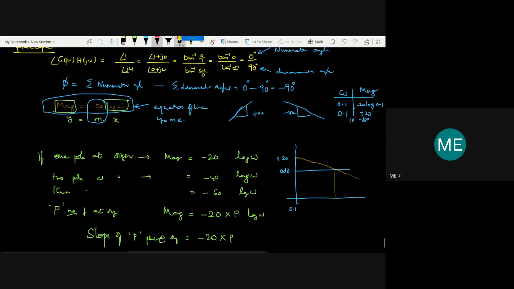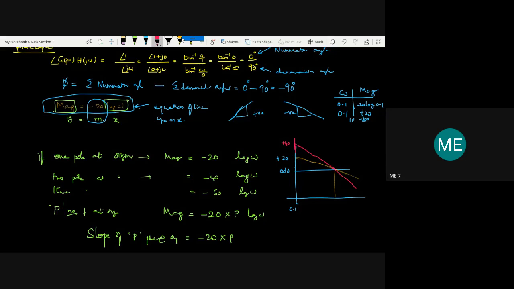If p is equal to 2, then it starts from plus 40, passes through the omega equal to 1, 0 dB line, and gives a slope of minus 40.